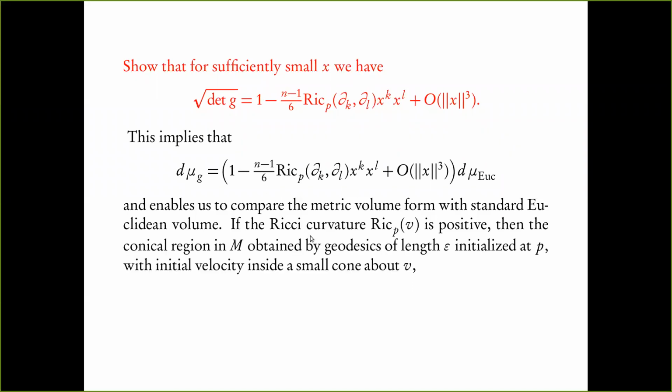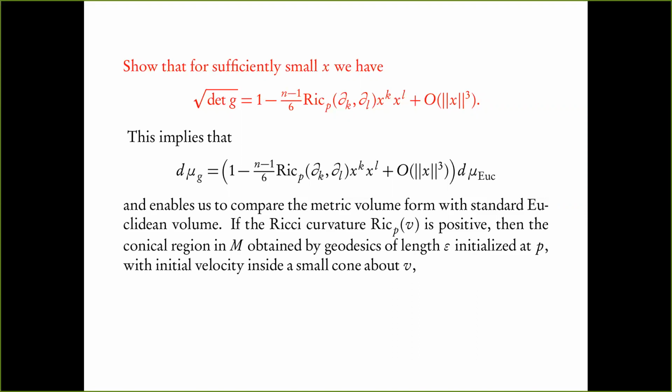What that means is that you can take a small conical region in M obtained by geodesics of length epsilon initialized at P. So you're looking at a solid cone in M obtained by geodesics of length epsilon initialized at P. The initial velocity of each of these geodesics is inside a small cone about V. If you take a vector V and take a small cone around V, that gives you a cone, and then you take geodesics initialized at P with these velocities, go up to length epsilon.